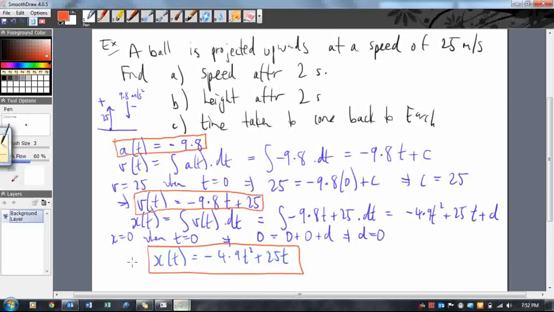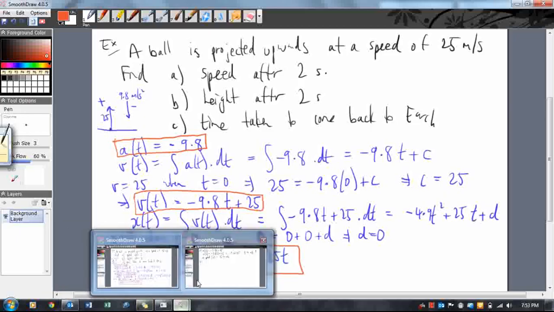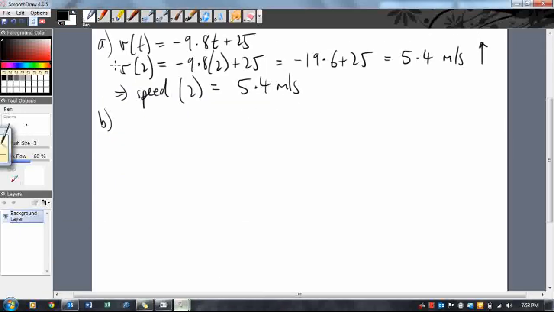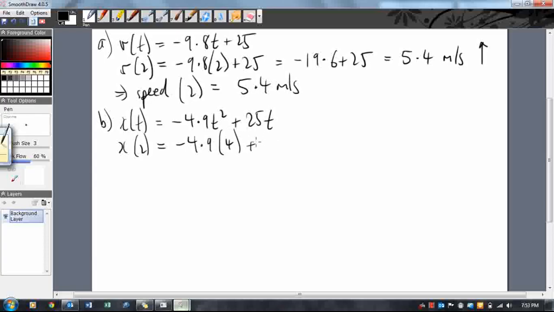Okay, let's have a look at part B. What's the height after 2 seconds? Now we want to use our x function that will tell us the height. So that's negative 4.9t squared plus 25t. Its height after 2 seconds is equal to negative 4.9 times 4, plus 25 times 2.